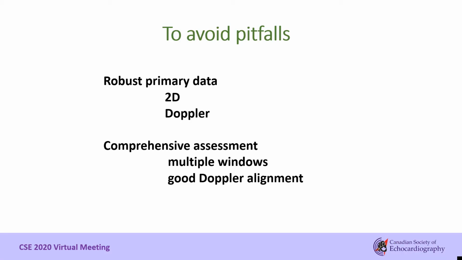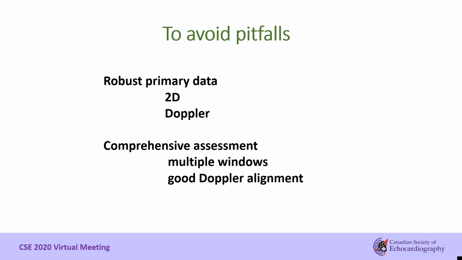Our case shows the importance of getting robust primary data from 2D and Doppler. The primary data are the basic measurements that are then used to calculate other indices. For 2D, we are talking about LV dimensions and wall thicknesses, from which we can derive LV volume, LV mass, and ejection fraction.